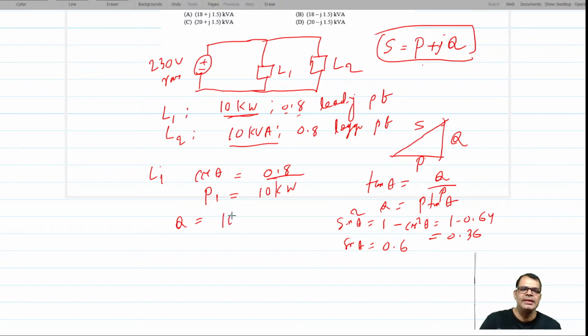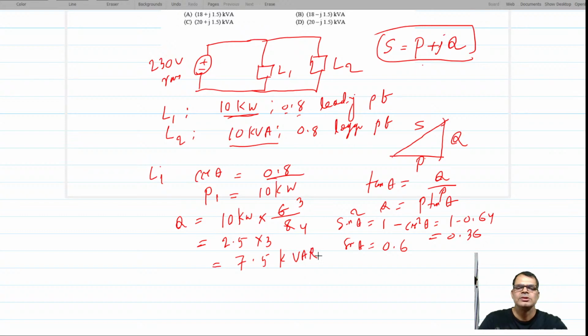That is 10 kilowatt into Q upon P, that is 6 upon 8. How much is it? 7.5 kVAR.